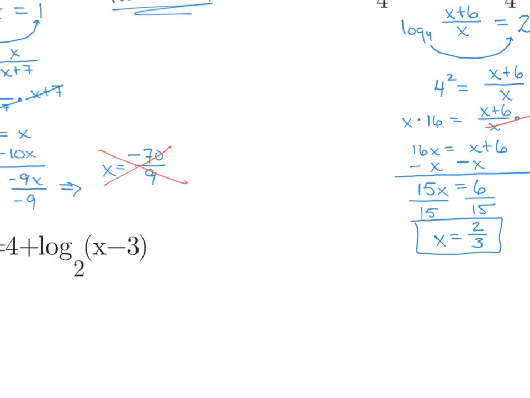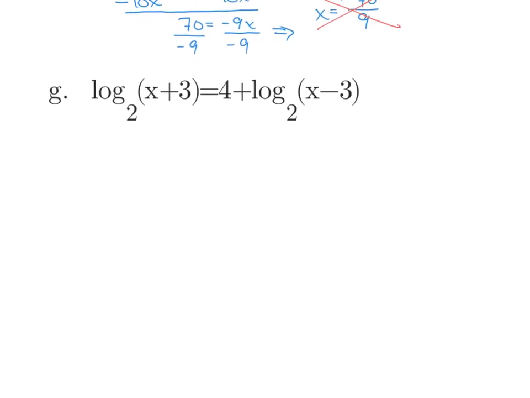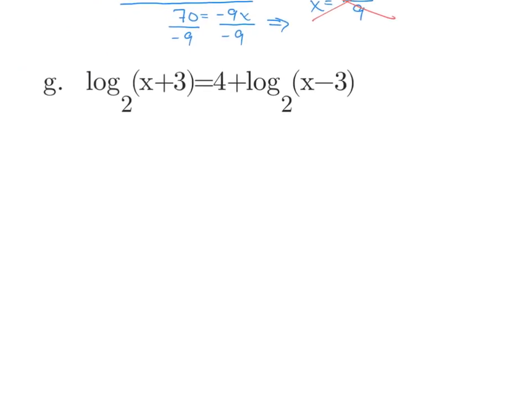Let's look at one final example. For this one, we want to start by moving all of our logarithms to one side so that we can combine them into a single logarithm. So I'm going to subtract log base 2 of x minus 3 from both sides.